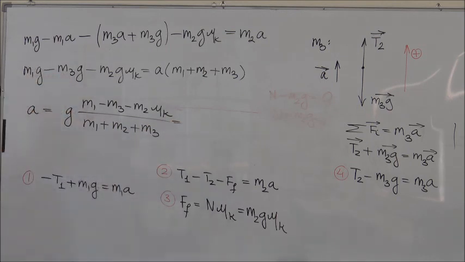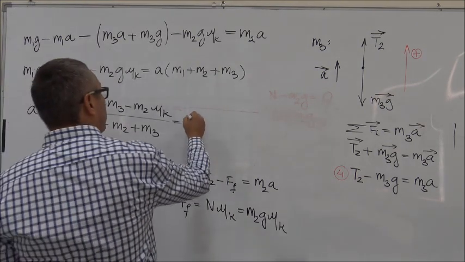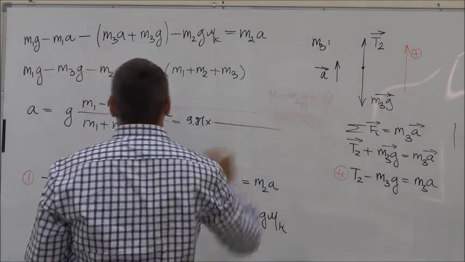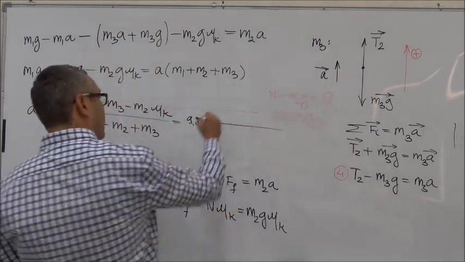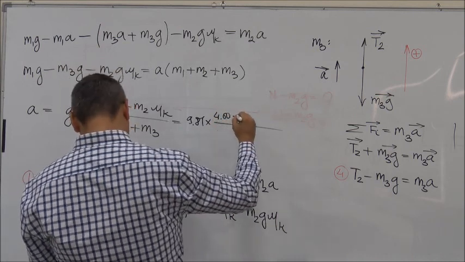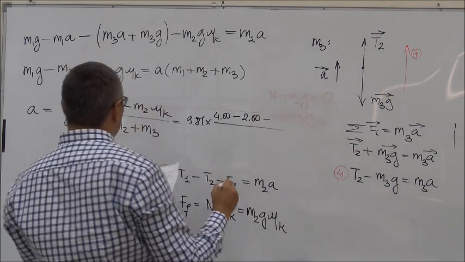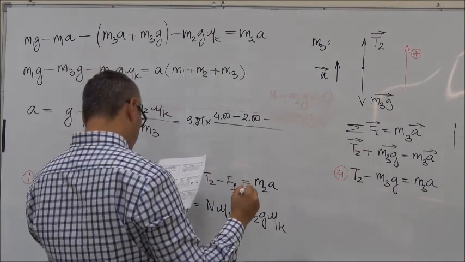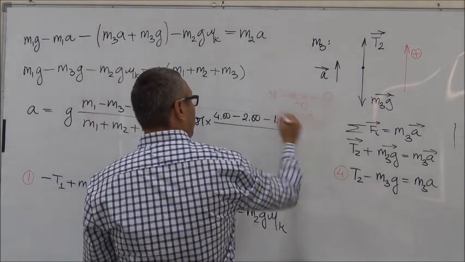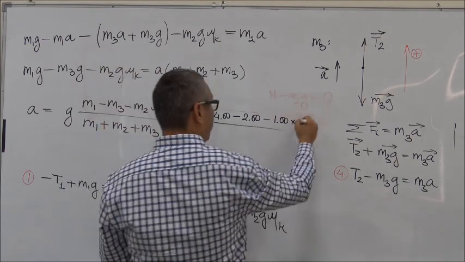So now we just need to plug in the numbers. Free fall acceleration is 9.81. M1 is 4 kilograms. M3 is 2 kilograms. M2 is 1 kilogram. The coefficient of friction is 0.35.